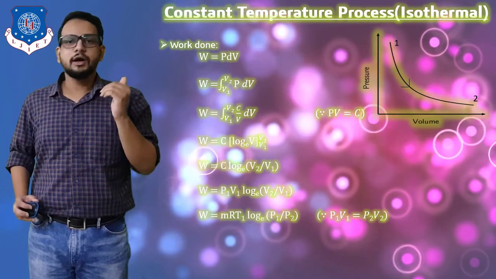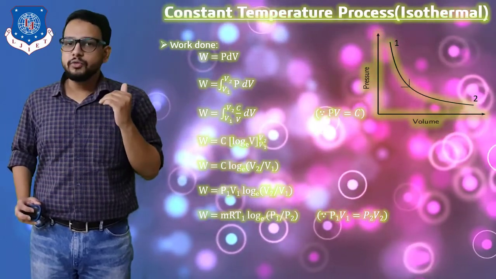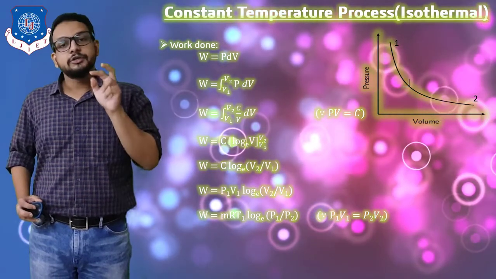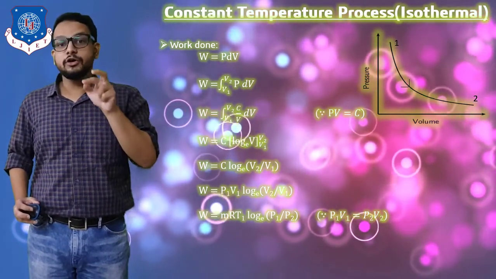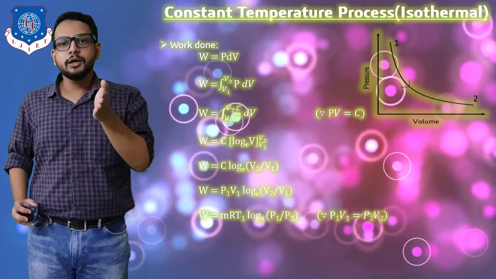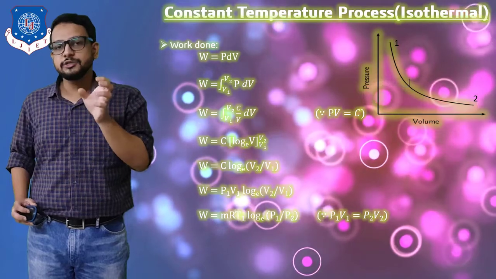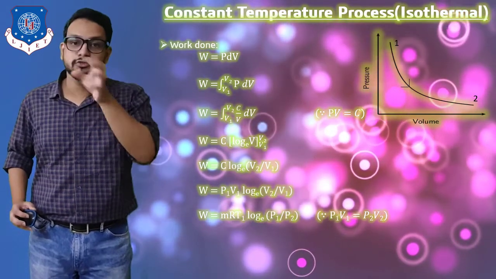But in order to find the total work done, we need to integrate this equation with respect to volume. Pressure is a variable, so we cannot use it as it is. We need to form an equation in which pressure can be expressed in terms of volume.